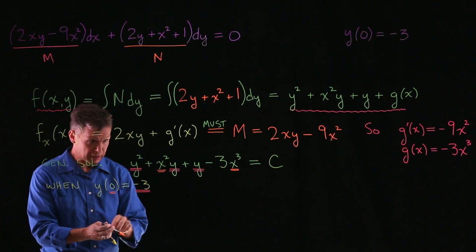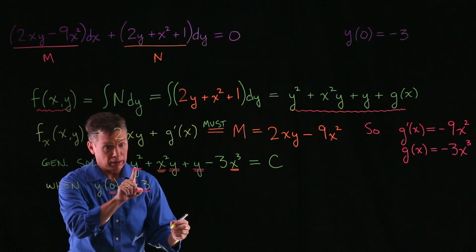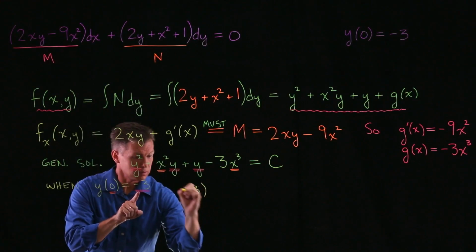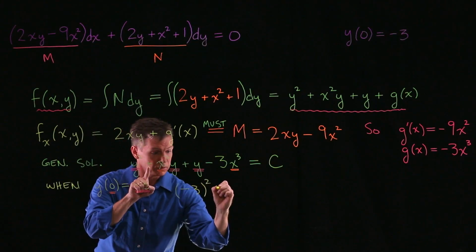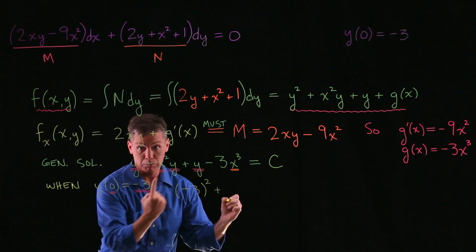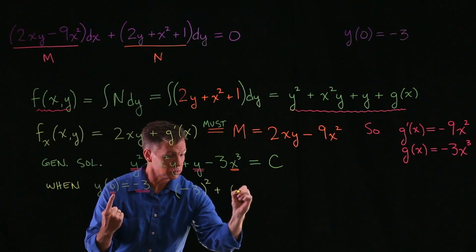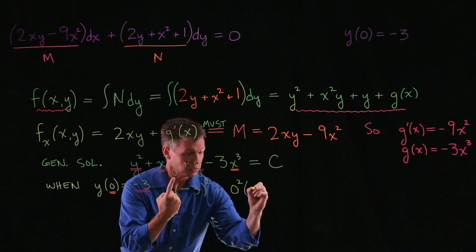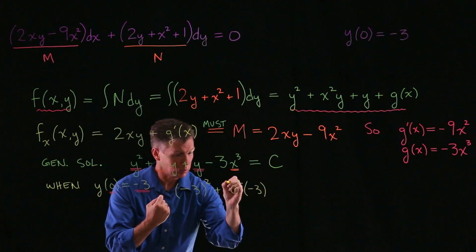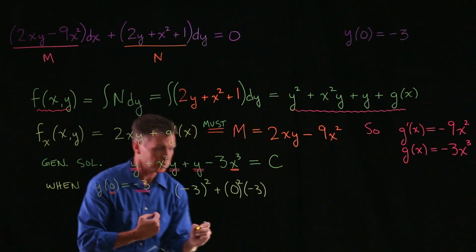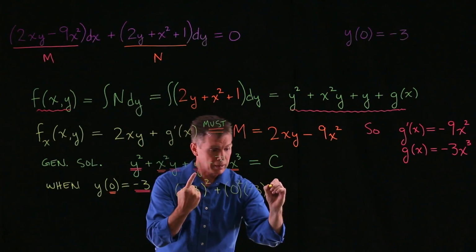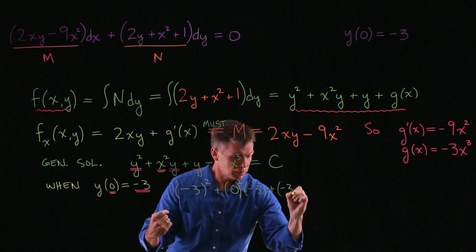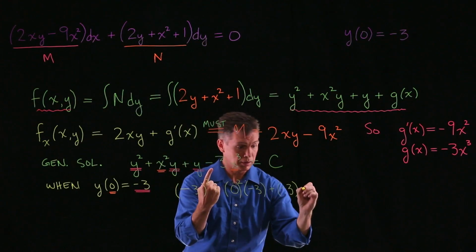So that's what I'm doing in this next step. My y squared, but I'm putting a minus 3 in there, plus x squared, but x is 0, so 0 squared times y, it's your minus 3. Put parentheses around the 0 even so you can line things up, plus the y, and y was the minus 3. And where was I then?